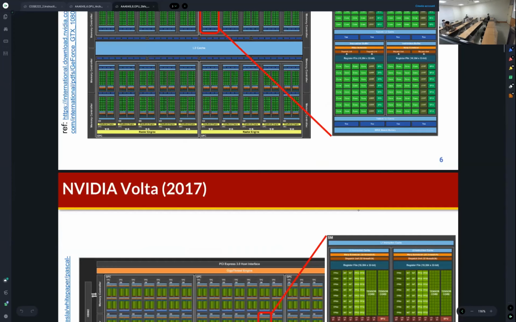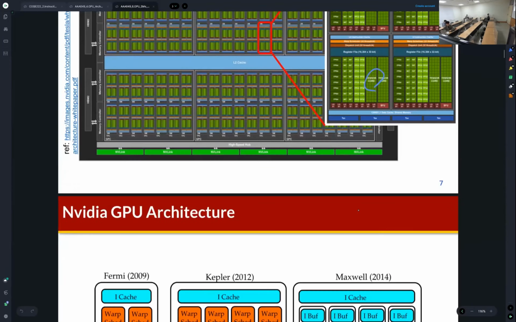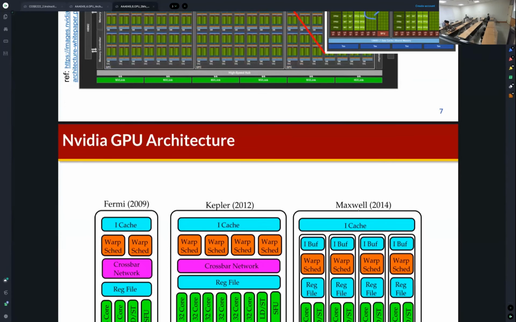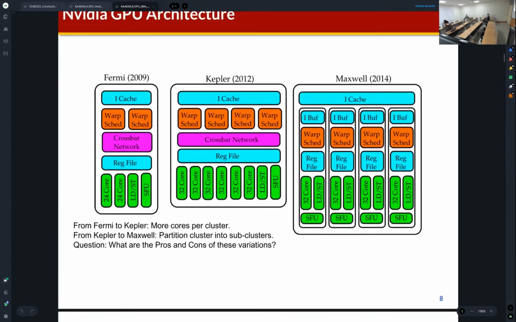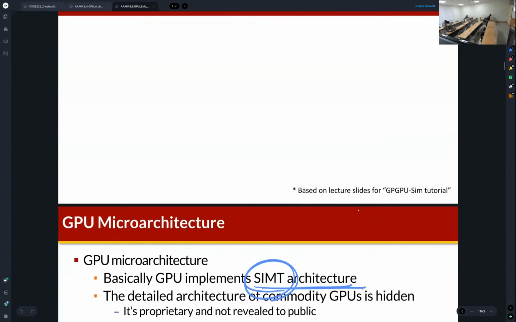NVIDIA also changed their GPU architectures from Fermi to Volta, changing some configurations like separated warp schedulers. You can find information in the NVIDIA GPU architecture white papers.